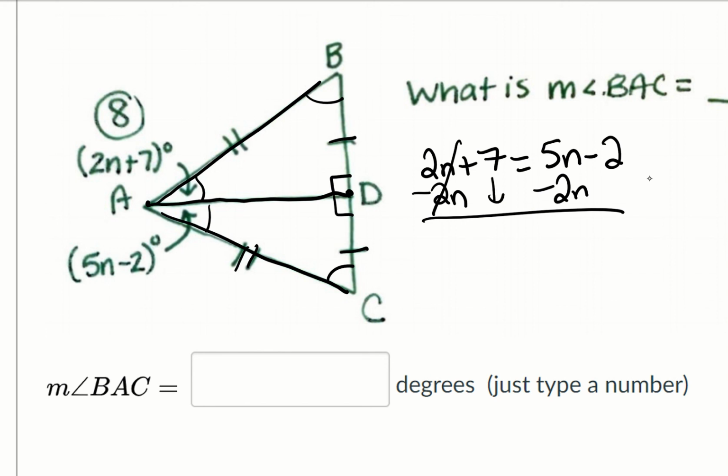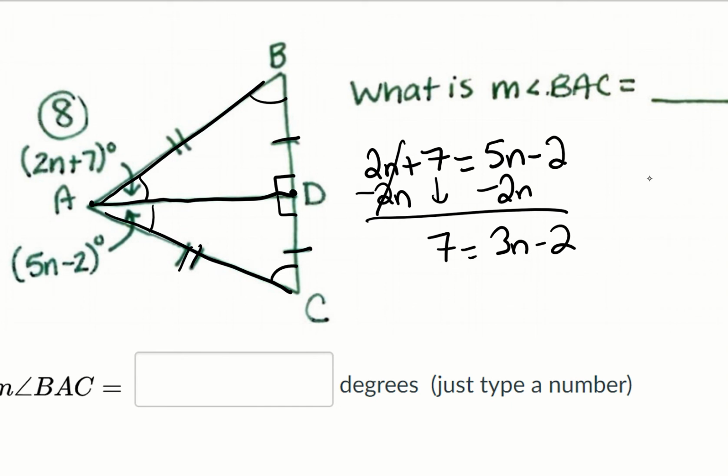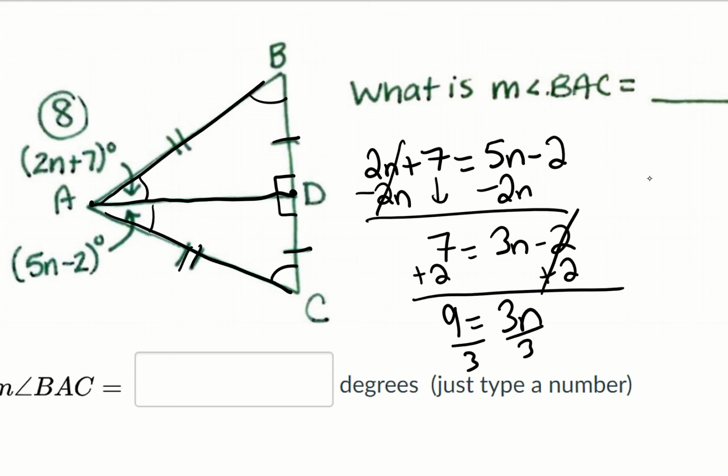So we have 7 equals 3n minus 2. We add the 2 on both sides and get 9 equals 3n. Divide by 3, and n equals 3.